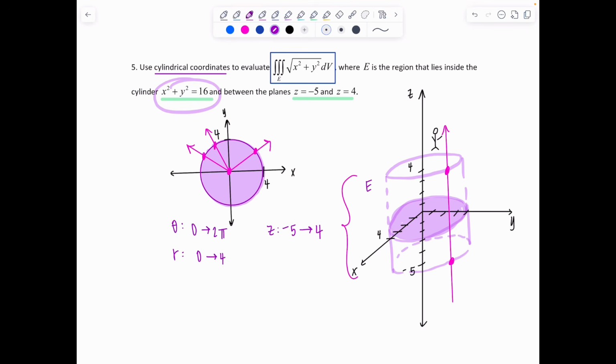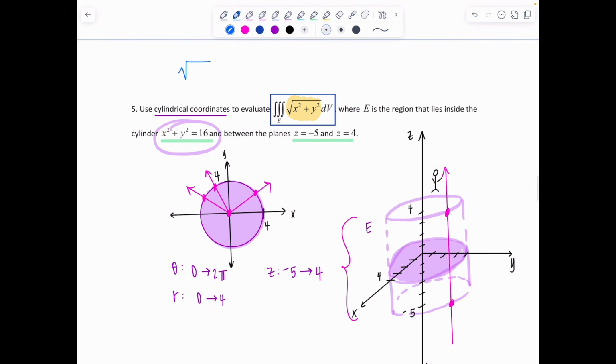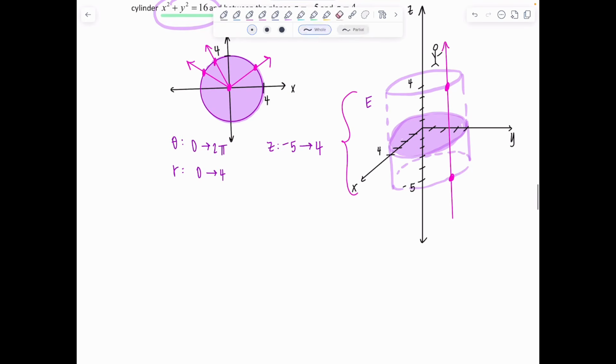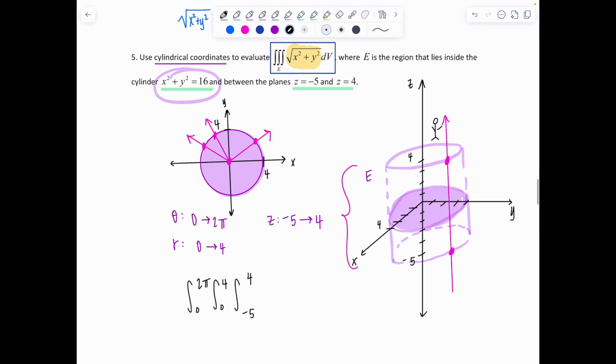Very good. The only other thing we need to do is change the integrand so it's in terms of cylindrical coordinates as well. Square root of x squared plus y squared in cylindrical coordinates is the square root of r squared, which is just r. We don't need absolute value. So now we have the integral from 0 to 2 pi, 0 to 4, -5 to 4, of r, and then dV in cylindrical coordinates is basically polar but with dz added on.